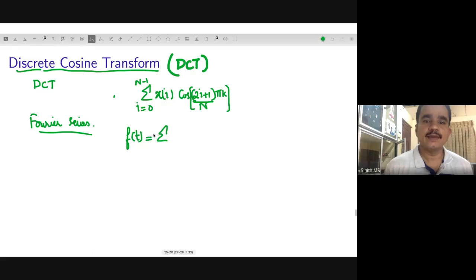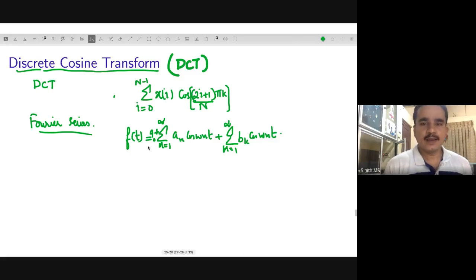Say you may have a0 plus sigma n equal to 1 to infinity an cos omega nt plus sigma k equal to 1 to infinity bk sin omega nt.